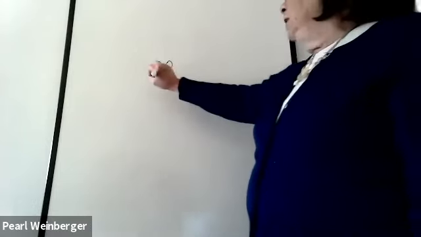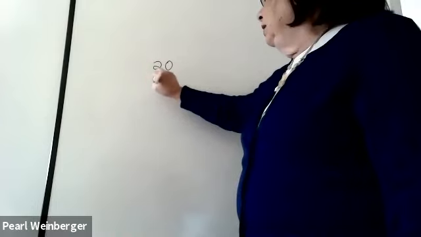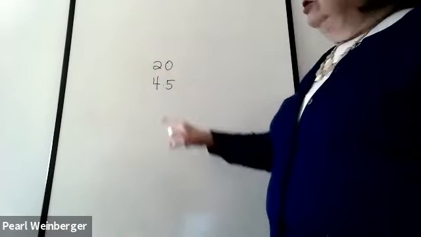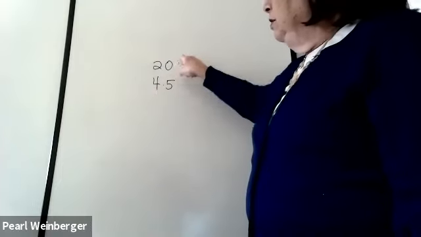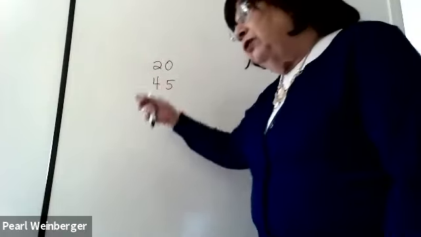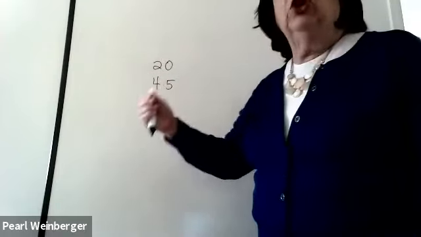So you might tell me, oh, I know that 4 times 5 will give me 20. So one of the factors of 20 is 4. Another factor of 20 is 5. You could have done 2 times 10. You could have done 2 times 2 times 5. There are a lot of ways you could factor.